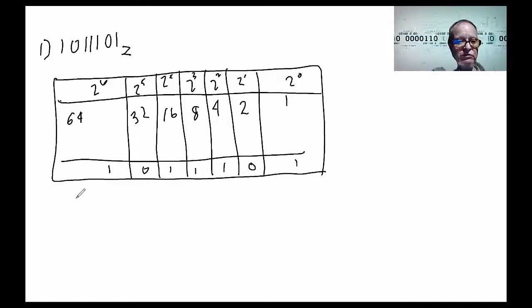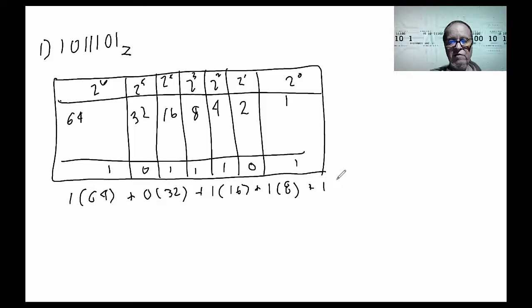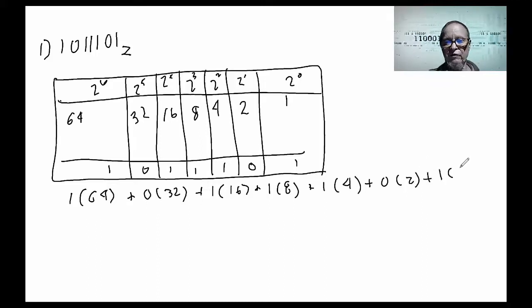So now we multiply 1 times 64 plus 0 times 32 plus 1 times 16 plus 1 times 8 plus 1 times 4 plus 0 times 2 plus 1 times 1.